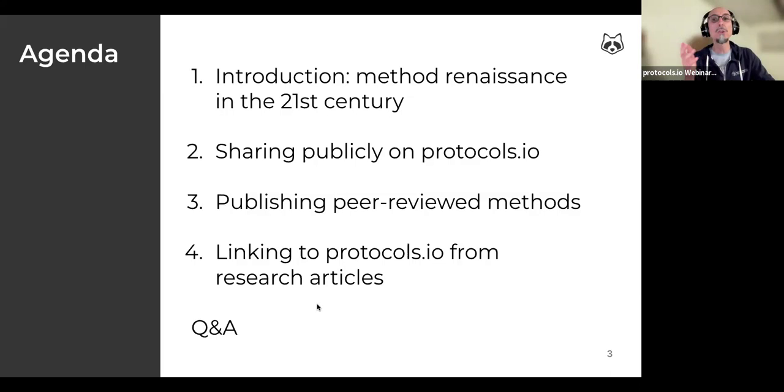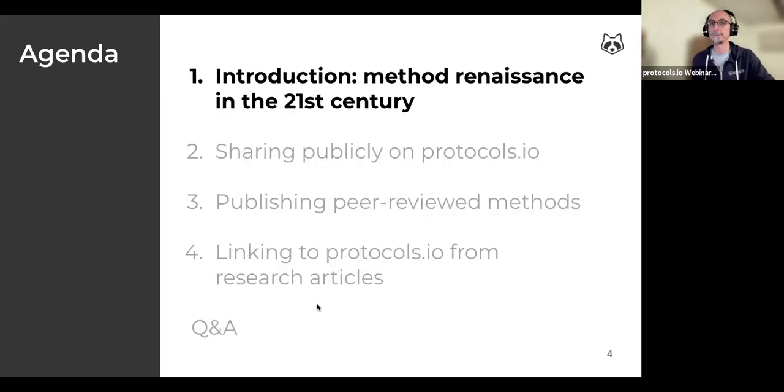But that started to change about 20 years ago as methods started being recognized as an important modular output of research. We will also cover the different ways of sharing and getting credit in protocols.io.